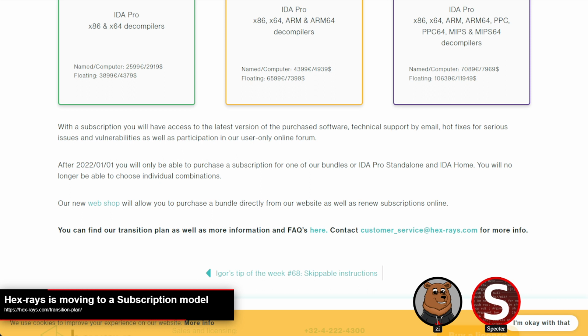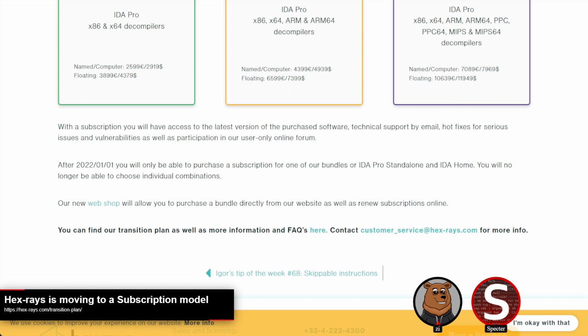But yeah, in terms of enterprise, I don't think this change will really affect them. Like I said, they're going to be paying for support anyway. And in industries where there's a lot of money involved and you need the best of the best, it totally makes sense to just keep paying for IDA.